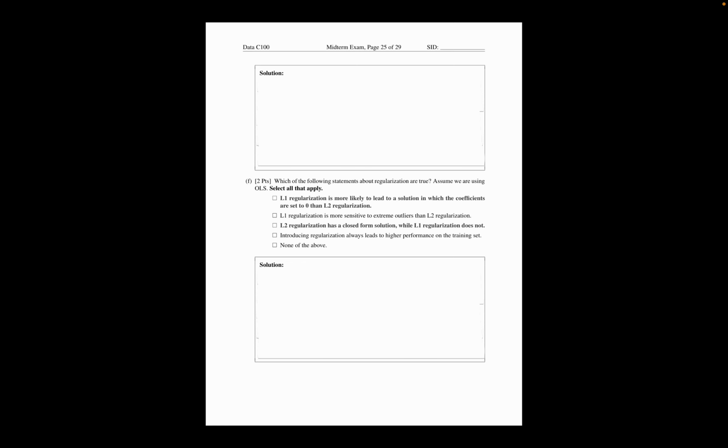For part F, which of the following statements about regularization are true, assume we're using OLS. Option 1, L1 regularization is more likely to lead to a solution in which the coefficients are set to 0 than L2 regularization. This is true because L1 loss promotes more sparsity.